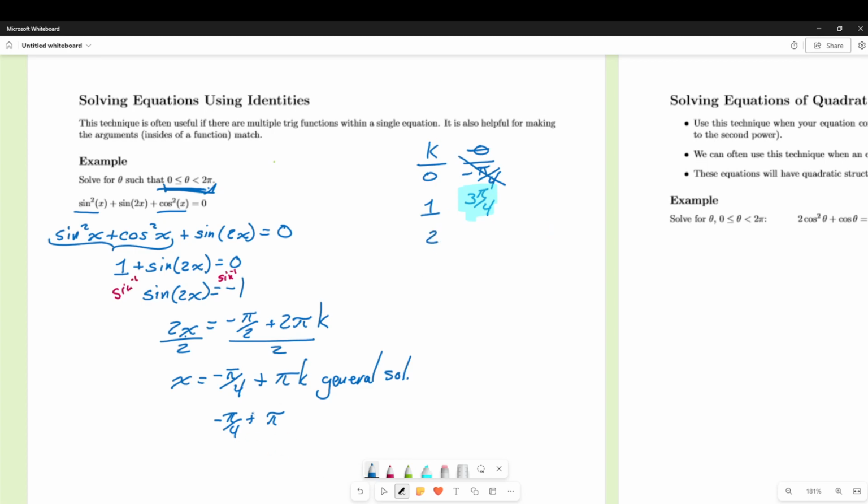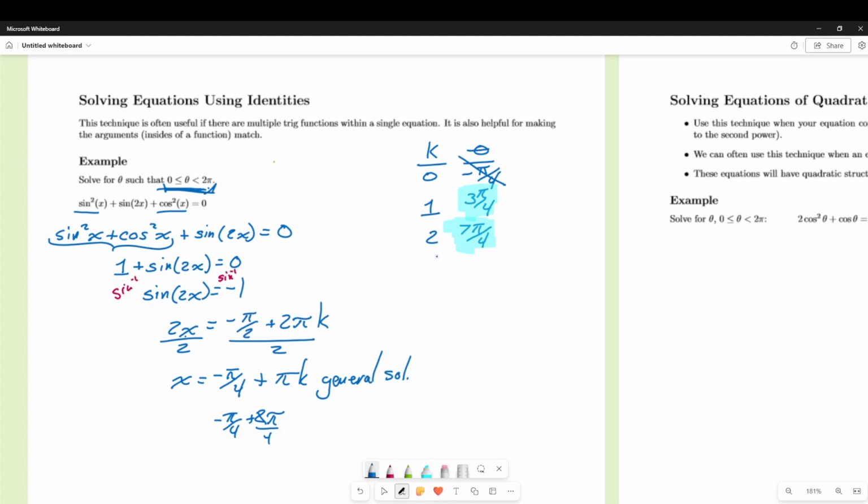If we let k equal 2, we're going to add pi times 2, so we're going to add 2 pi, which would be 8 pi over 4. And that would be 7 pi over 4. Hey, 7 pi over 4 is also within our restrictions, barely, but it's in there, so that's fun.